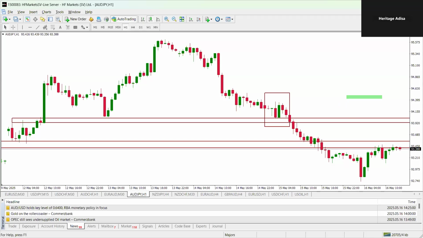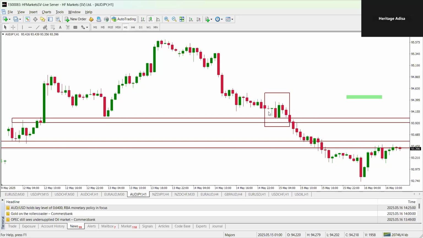So, of course, you want to make sure that you are looking at the appropriate time frames. But that being said, looking out for how the candle specifically closes at that level is also important.